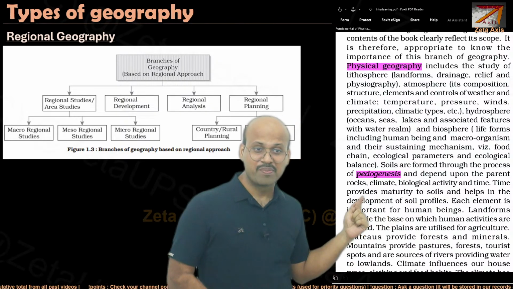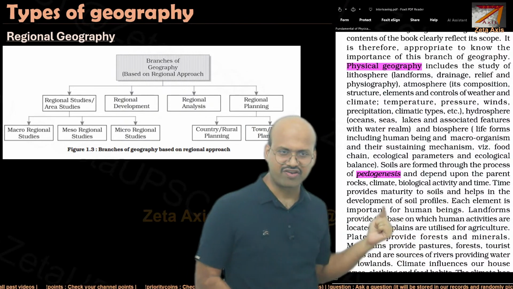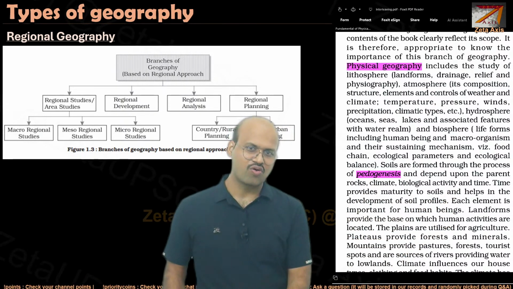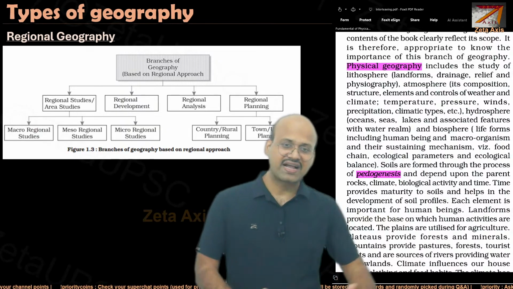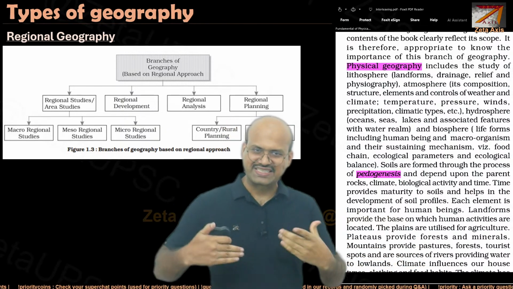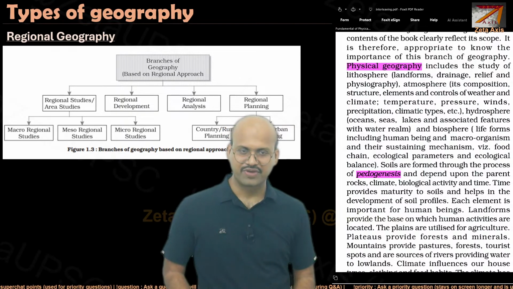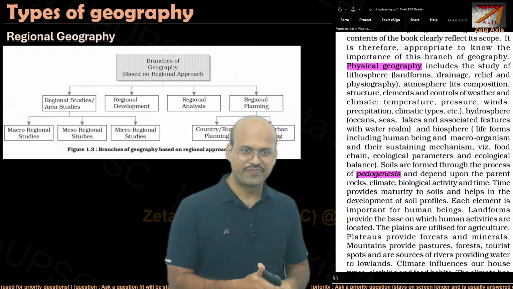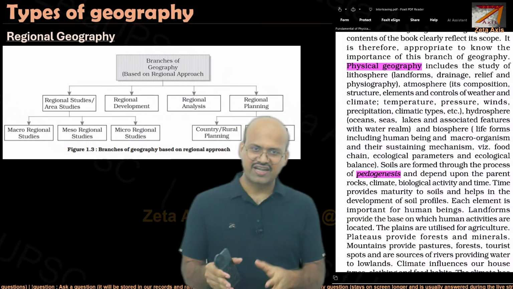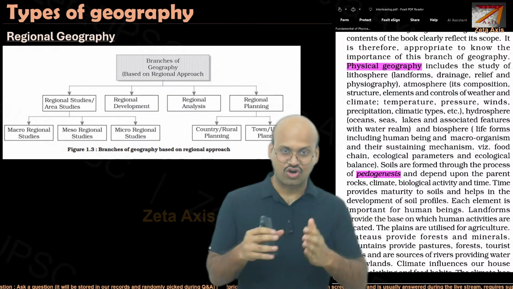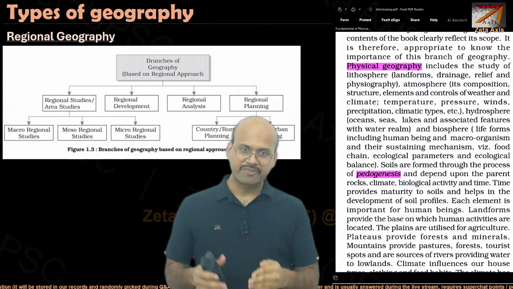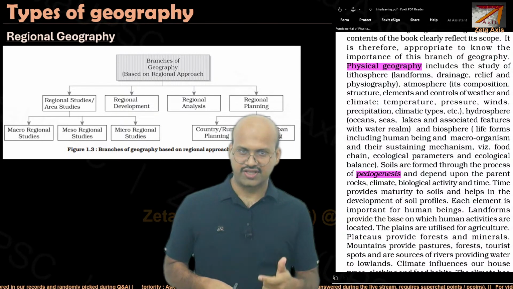Time provides maturity to soil and helps in development of soil. So if you allow a rock a larger amount of time, more disintegration will occur and the more mature the soil will become. So what is basically a soil? Generally we understand that rock fragments are soil, but that is not true. Rock fragments are called regolith.